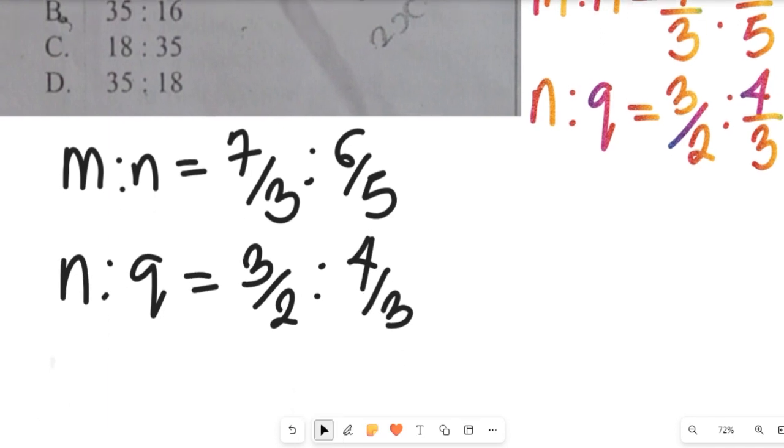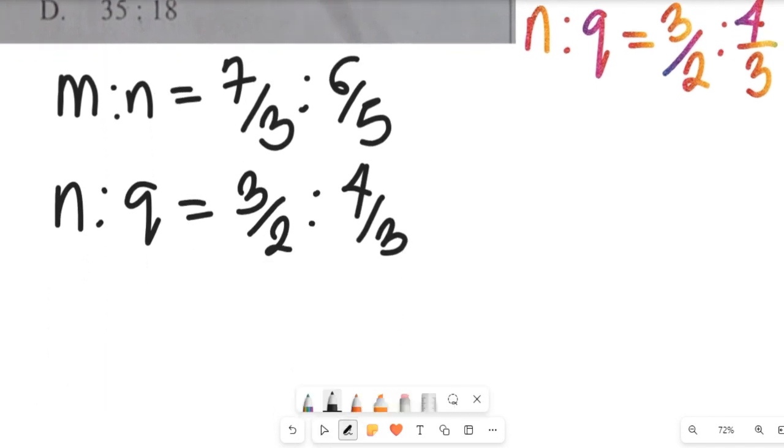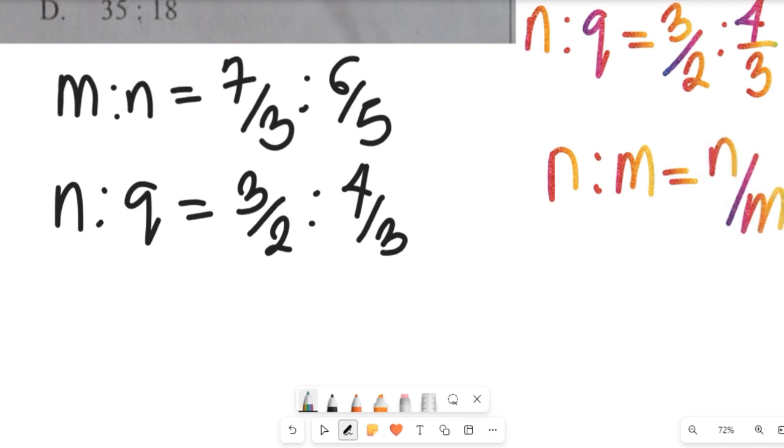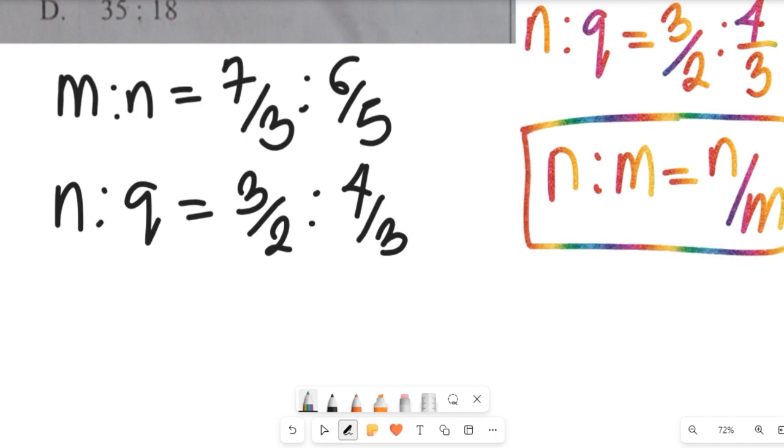Now I want you to look at ratio as this. When you are given a ratio of n ratio m, this simply means n divided by m.